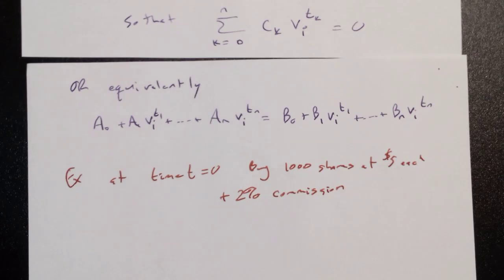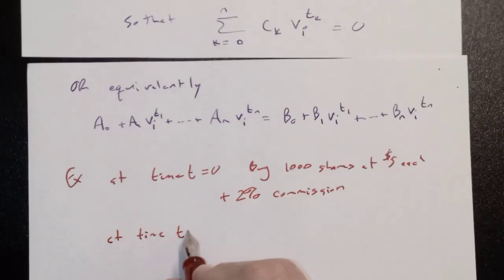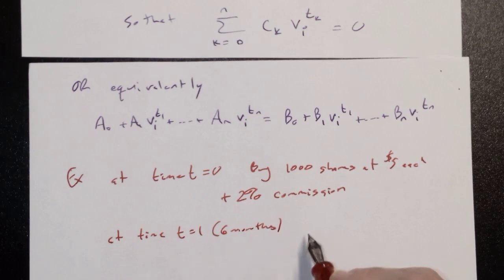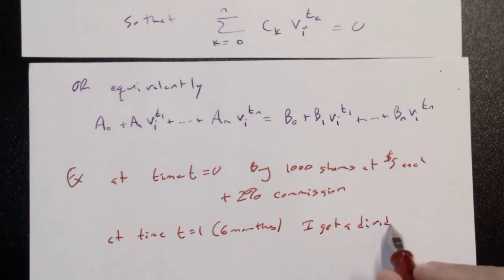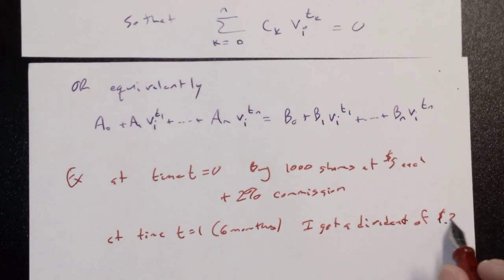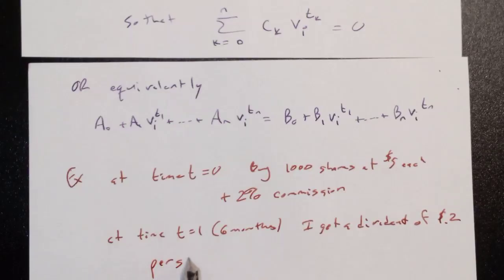Now, this is a stock, it issues dividends. 6 months down the line, I get a dividend of 20 cents a share. $0.2 per share.